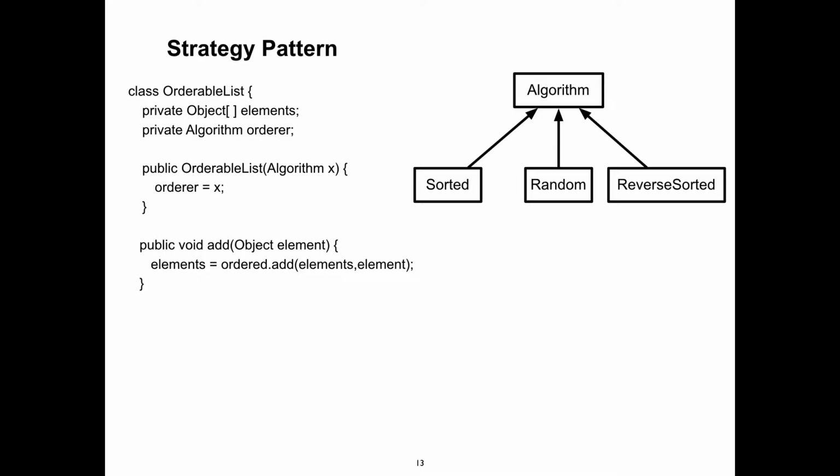So the answer, of course, is we want to be able to configure objects at runtime. And so the basic idea behind the strategy pattern is, there's some object, some class, which in the abstract we call the algorithm, and then we subclass it in the Java world. Now in the Python world, we don't have to worry about subclassing. We just have to make sure that each class responds to the same messages, right?